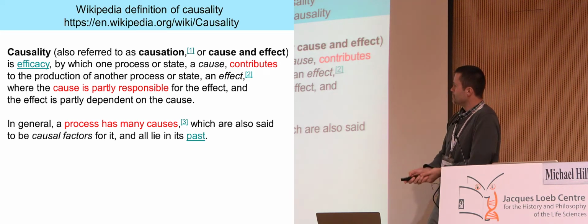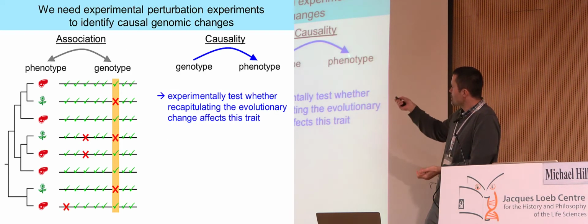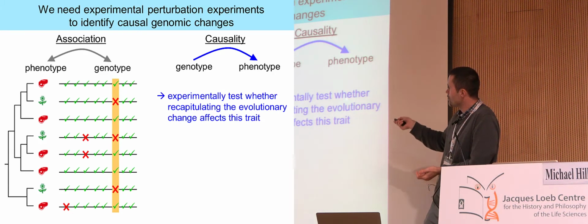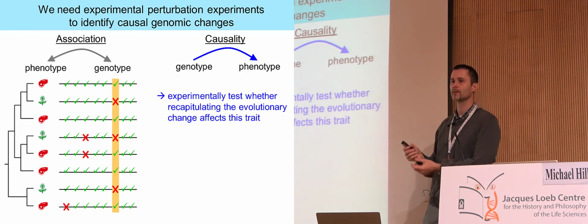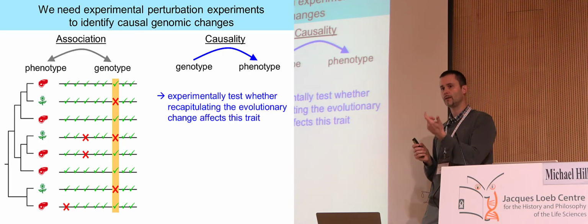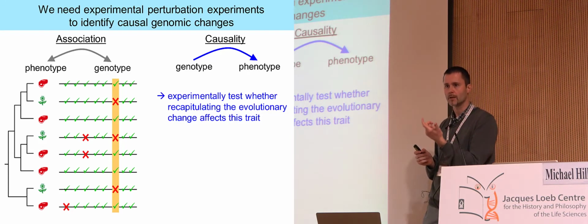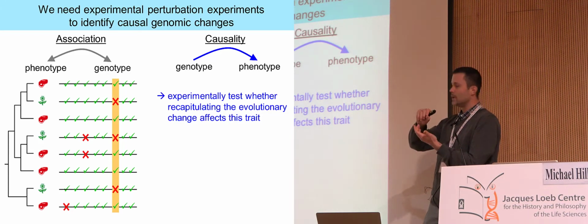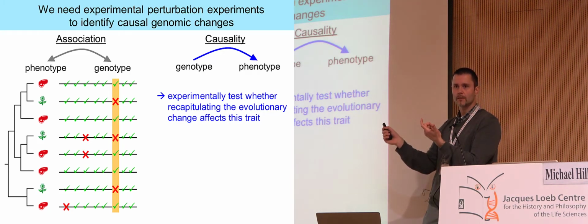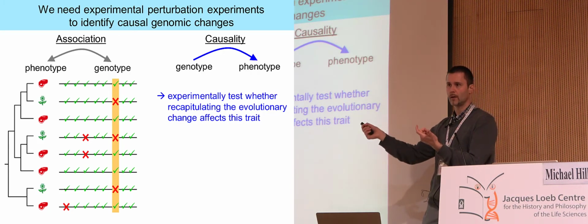So to infer such a link, we of course need to experimentally test whether recapitulating the evolutionary genomic change in a suitable system affects this trait in the direction that we see in the wild.